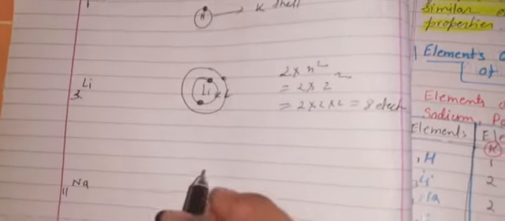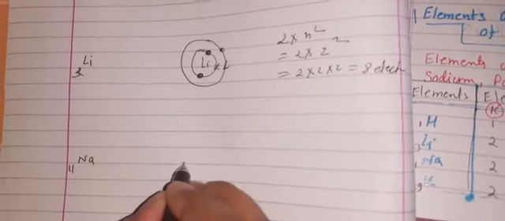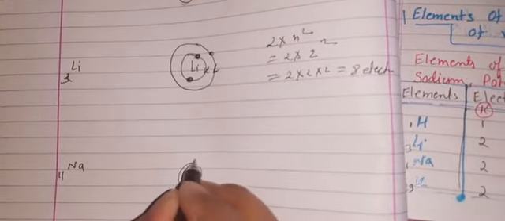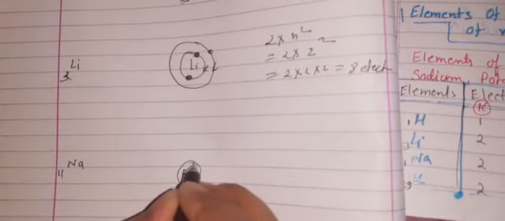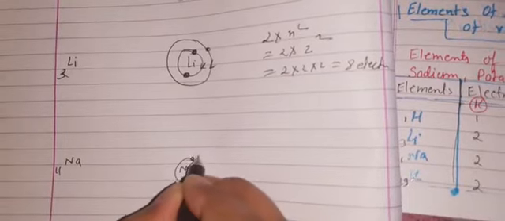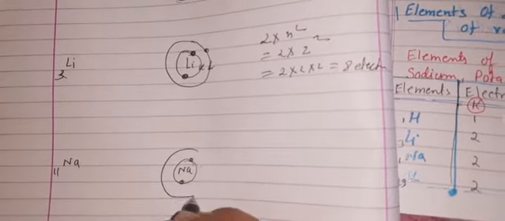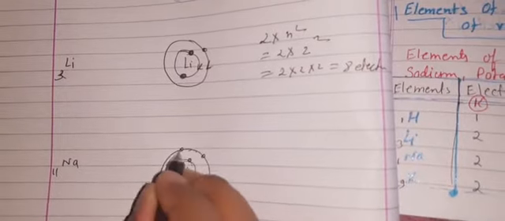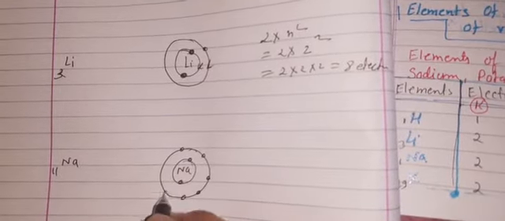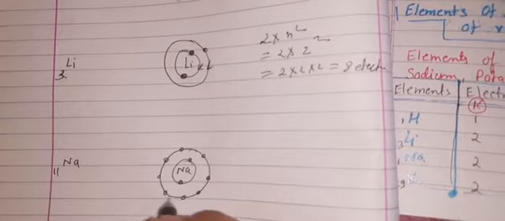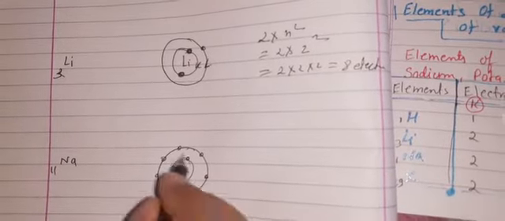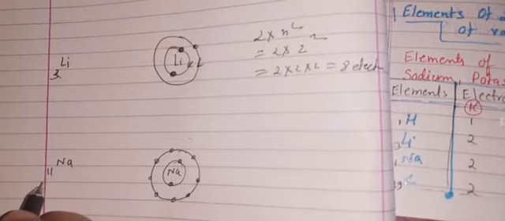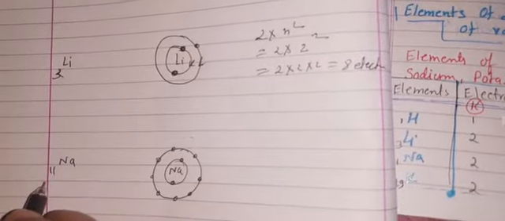Similarly, in sodium, this will be the first orbit, so 2 electrons in the first orbit and then 8 in the second orbit. We have shown that in the second orbit there will be 8 electrons. 2 and 8 means 10 electrons, and how many electrons are in one atom of sodium?